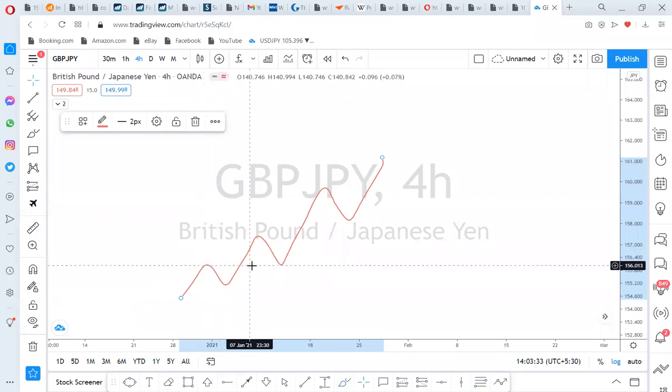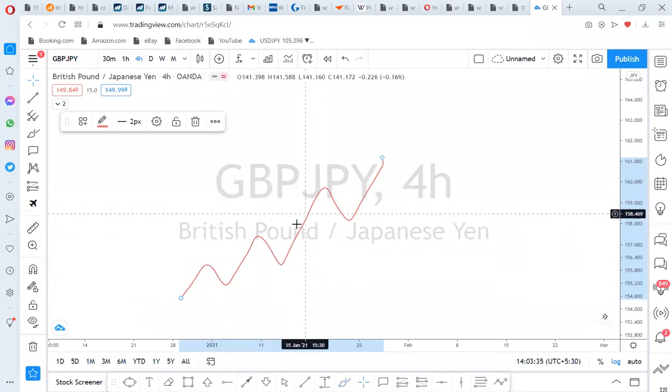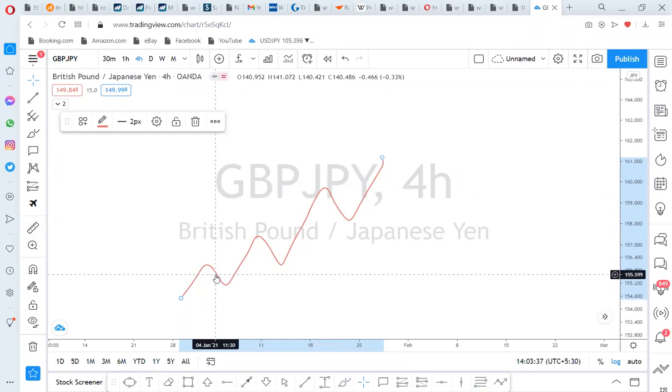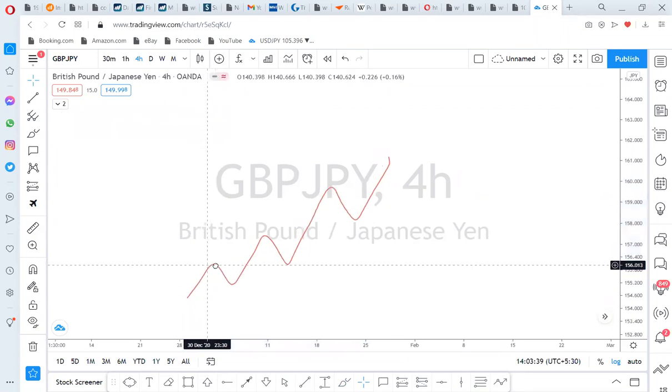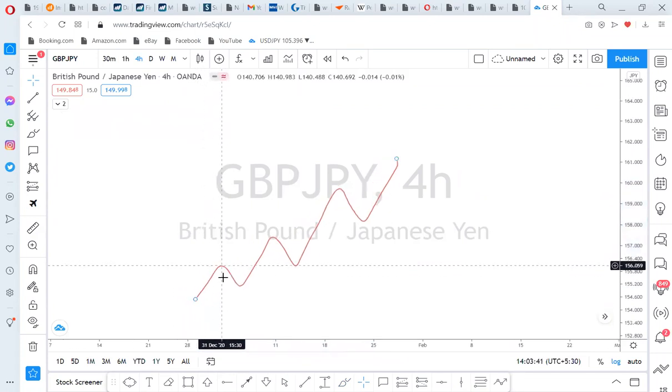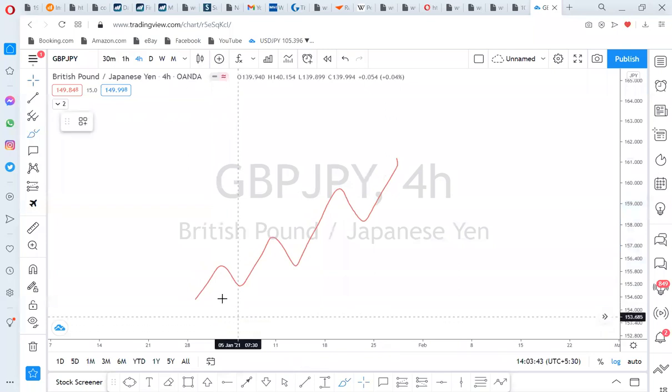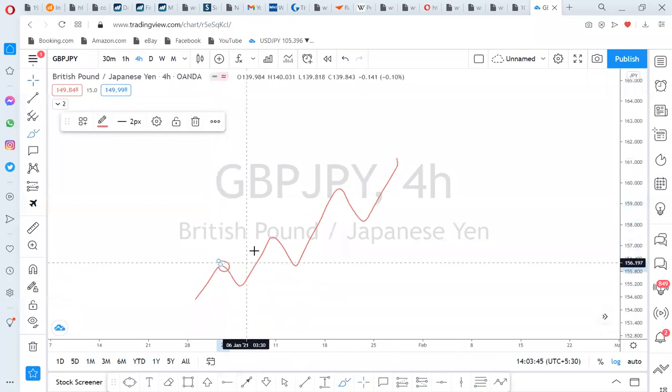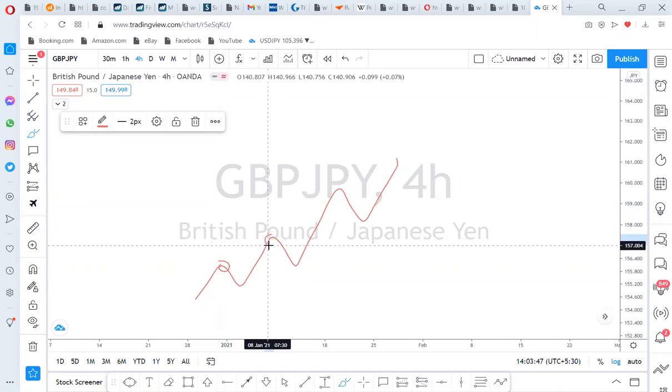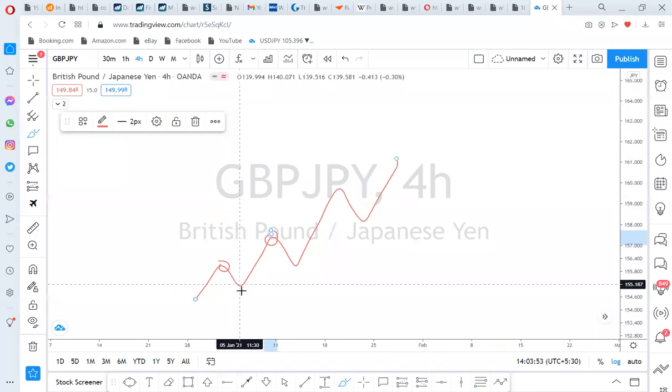You understand? And so when we are in an uptrend, there is no need for you to be selling at this particular point, or be selling at this particular point. Of course, it can make you some reasonable profit, but it is highly not advisable.